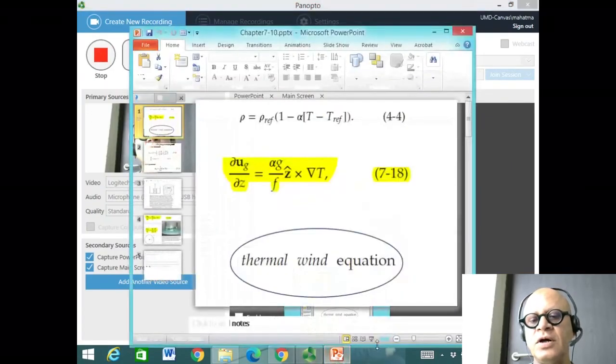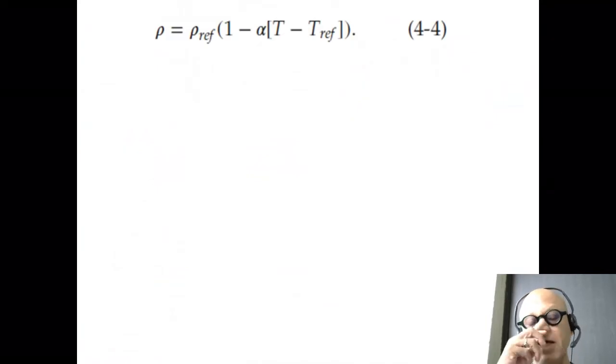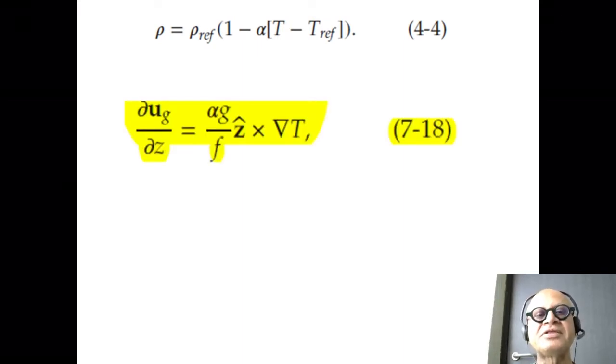Okay, so let's go back to our favorite water tank and see if the thermal wind relation actually works. We looked at water, which has a temperature dependent density variation, and then we derived the shear of the geostrophic flow as a function of grad T. We'll see in the next slide that this is quite parallel to geostrophic velocity being the similar expression with grad P, right?